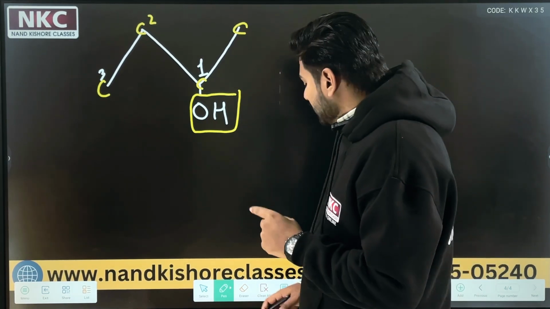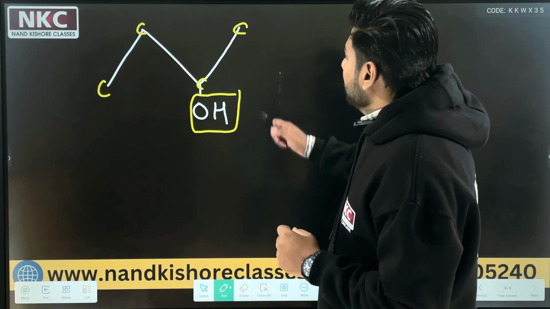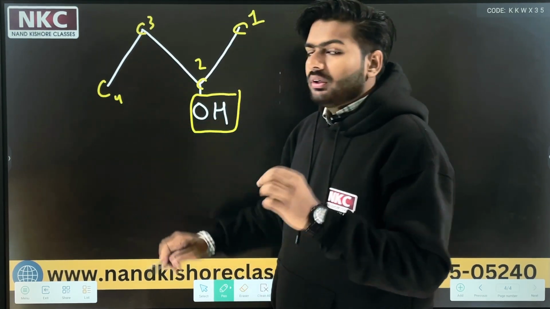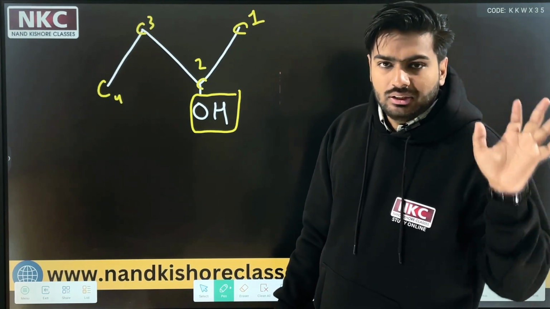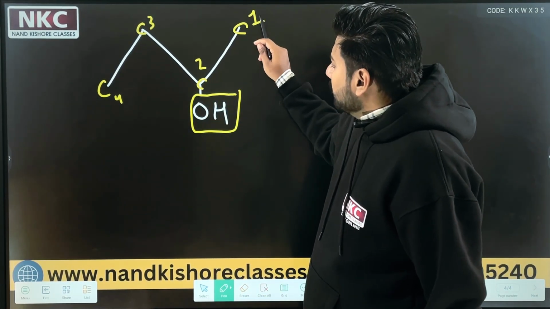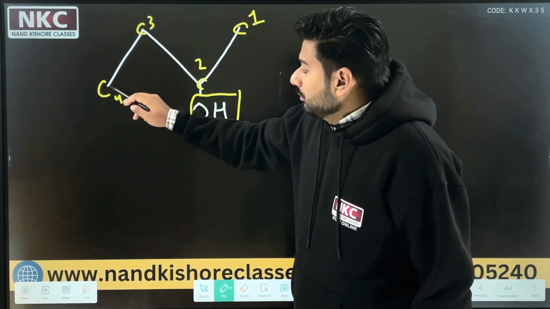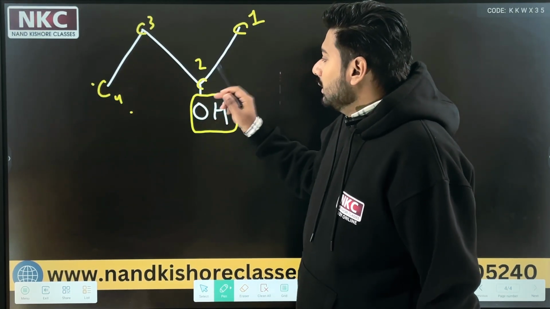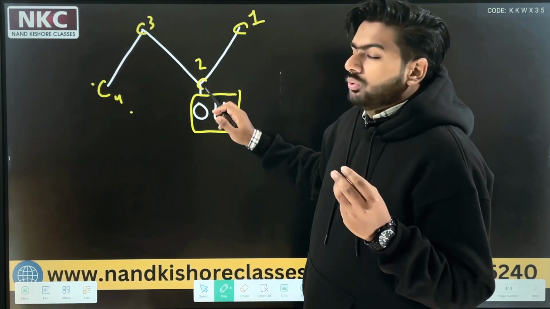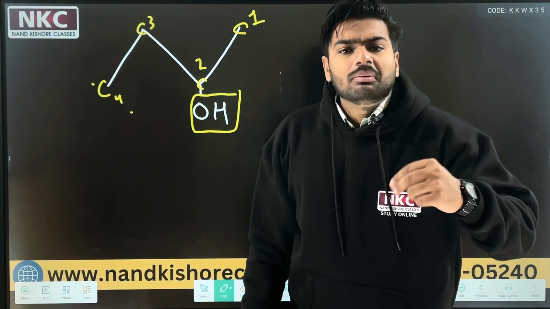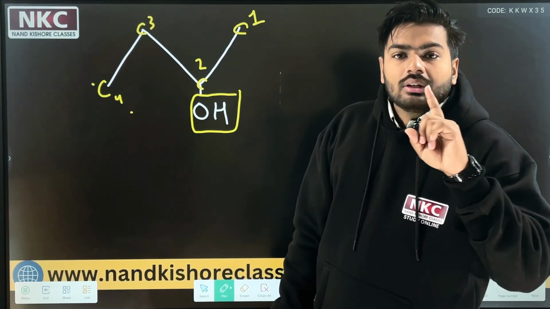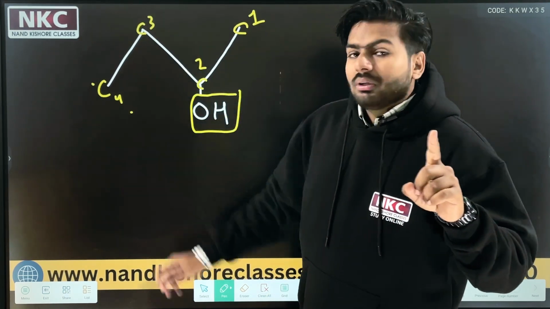The longest chain will be 1, 2, 3, 4, a 4-membered carbon chain. For numbering, if you start numbering from here, OH will get 3, but in this numbering OH will get 2, and we have to give the minimum position, not the first position. That is why that numbering will be wrong.